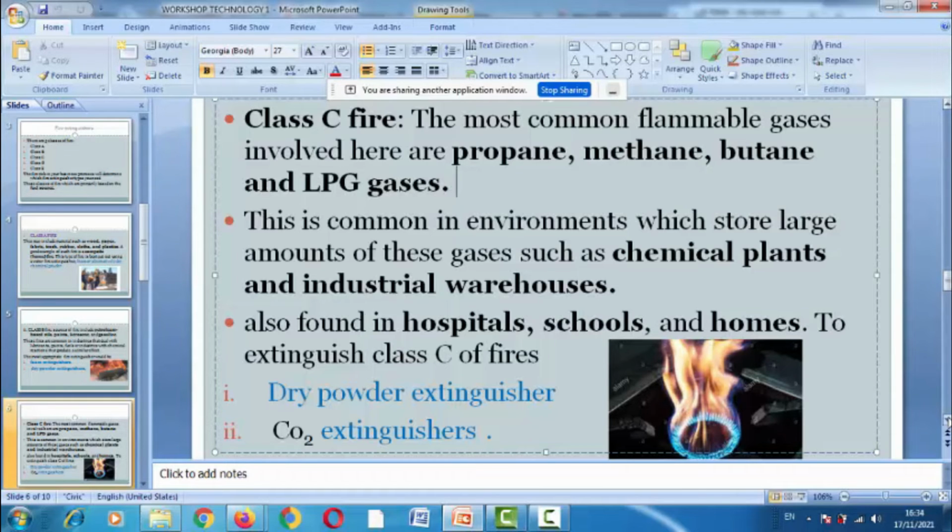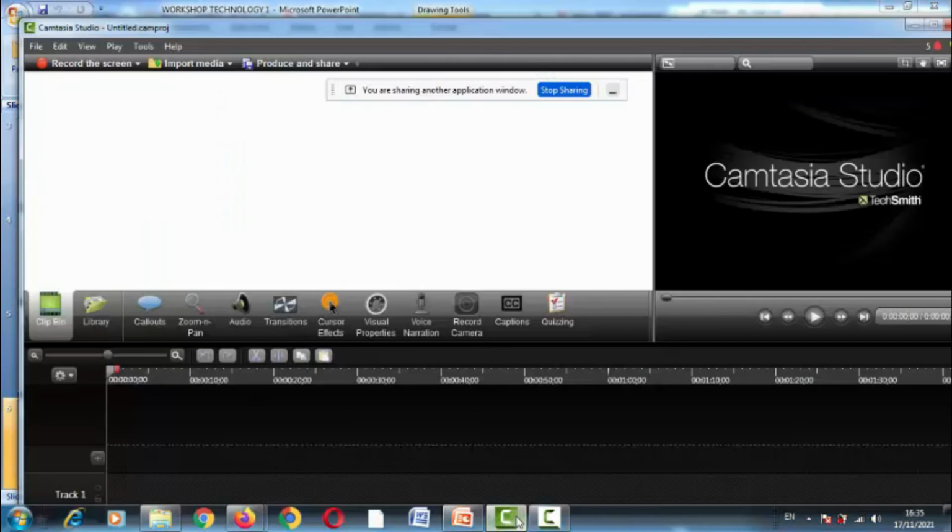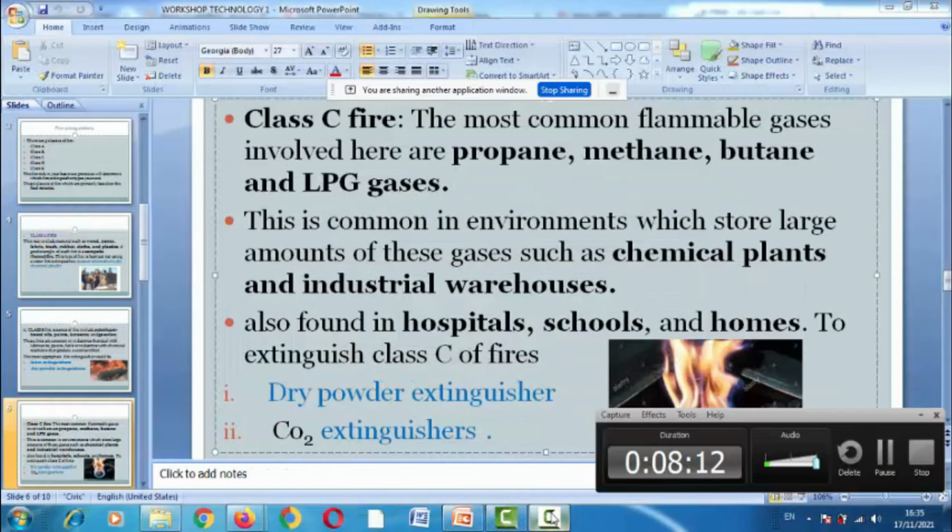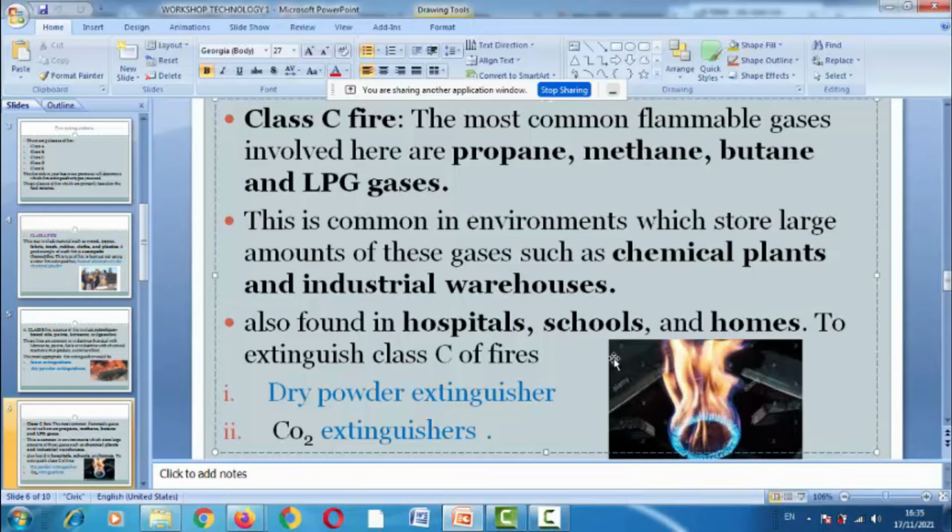Remember, we are classifying this fire on the basis of the source of that fire. Okay, we are 2 minutes towards the end of our class. So you can use a dry powder extinguisher or carbon dioxide.